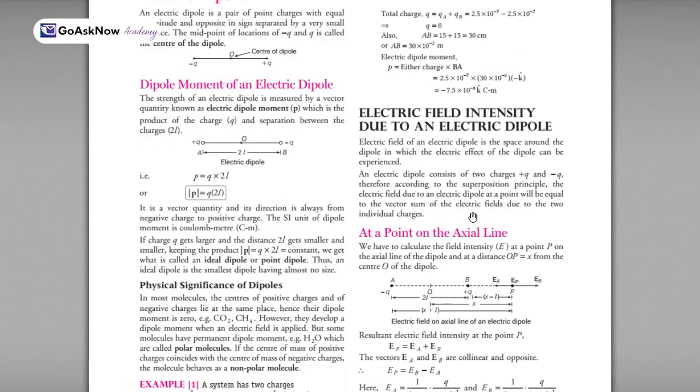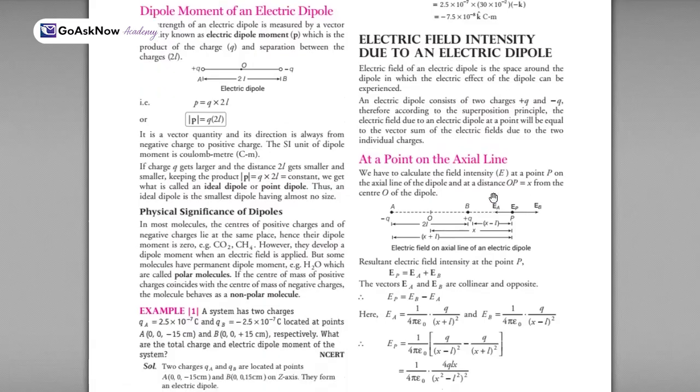So the dipole also has its electric field. Let us see how to calculate the field intensity at a point P that is axial. The first case we will cover is the axial point.